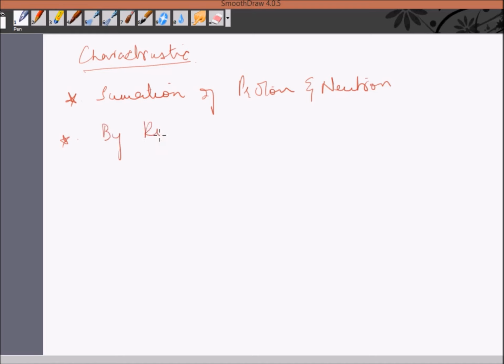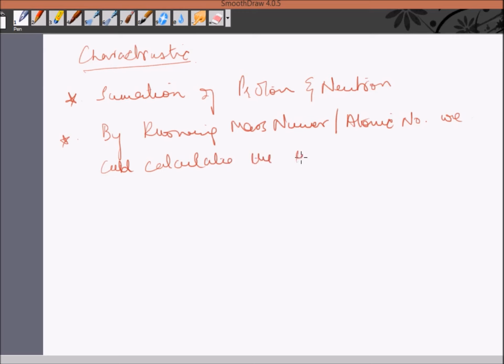By knowing the mass number or the atomic number, we can calculate the respective other one.